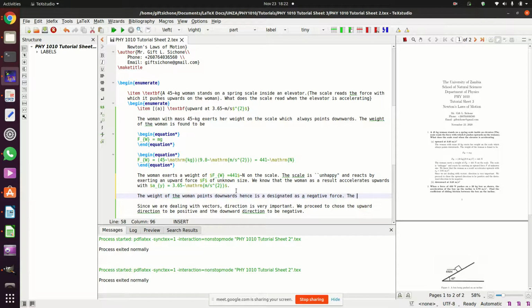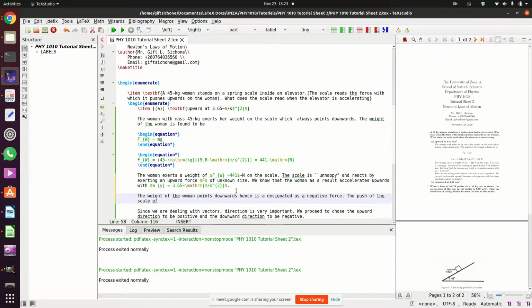The push of the scale on the woman points upwards and therefore is designated as a positive force.